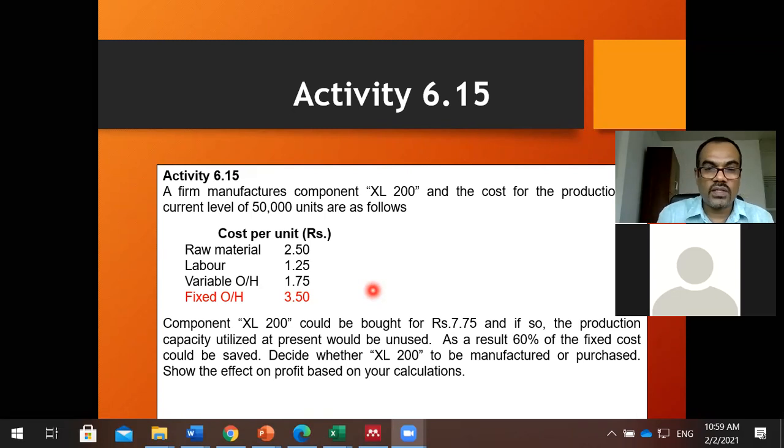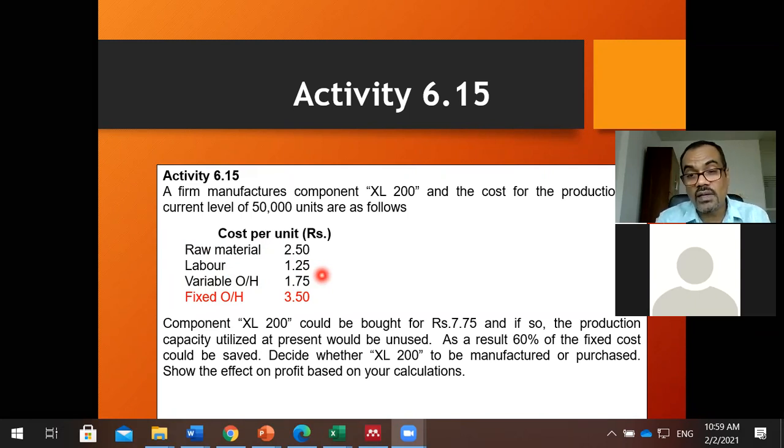Someone has asked a question: how do you get this 550? 550 is the variable cost, where raw material is 250, labor 125, variable overhead 175. When you add all these three, it comes to 550. If you are not going to manufacture, of course, you are not incurring this 550, but you are going to simply buy from outside.